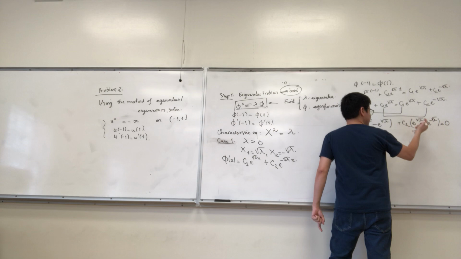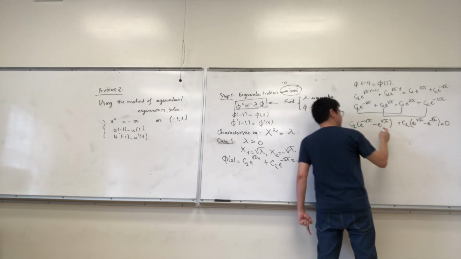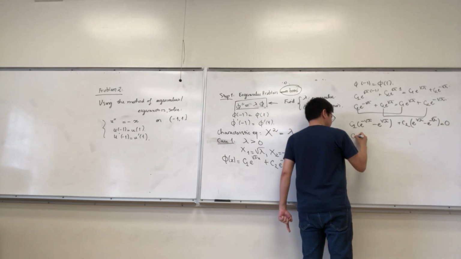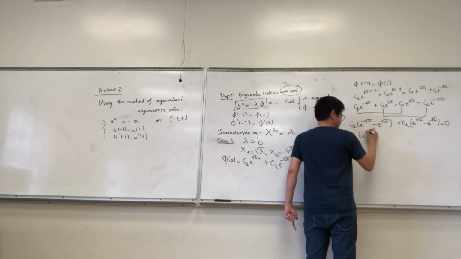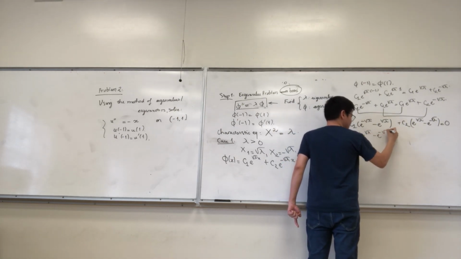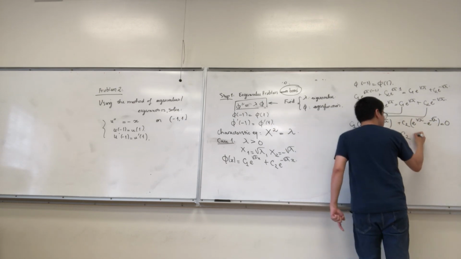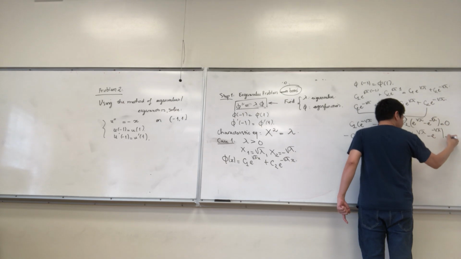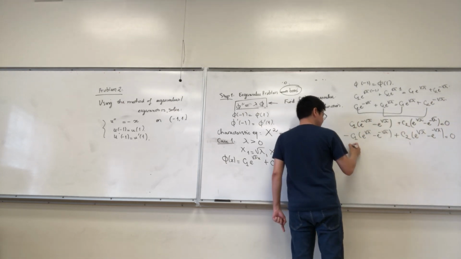So you see that this guy is the minus of this guy, right? So I'm going to write it this way. You have C1 times e to the square root of lambda minus e to the square root of minus lambda, plus C2 times e to the square root of lambda minus e to the minus square root of lambda, and this is 0. So I can group the two things.